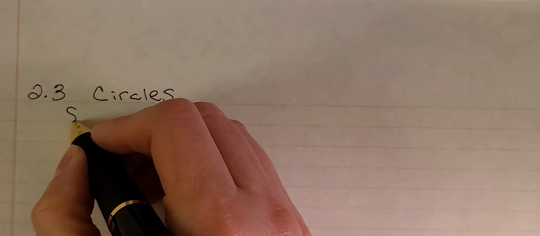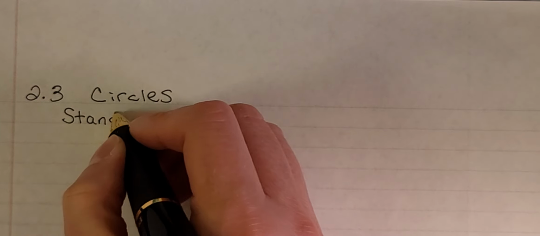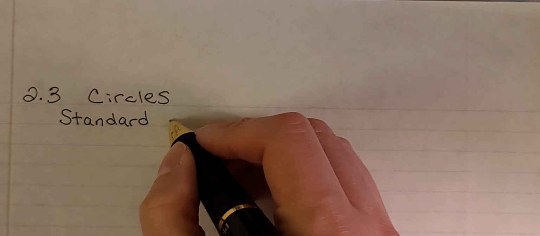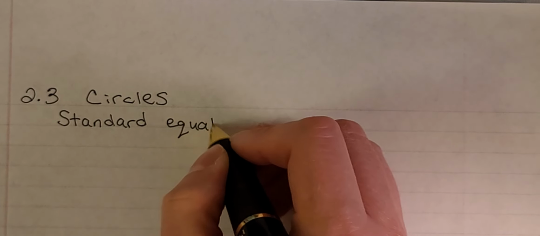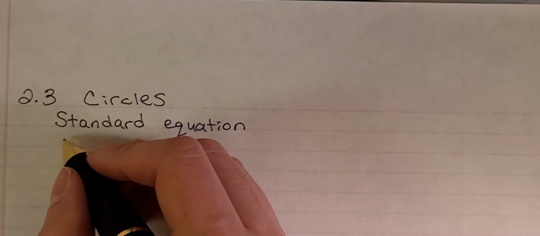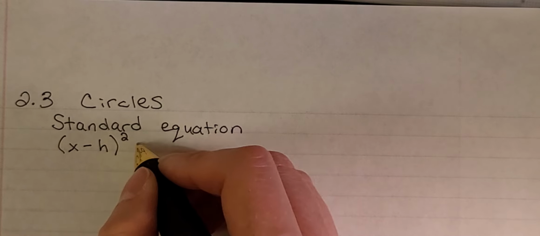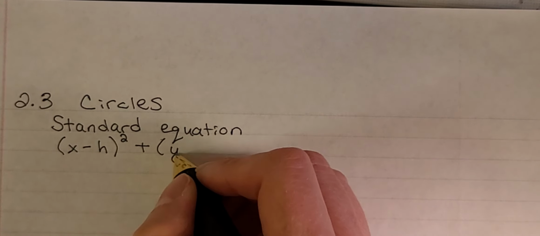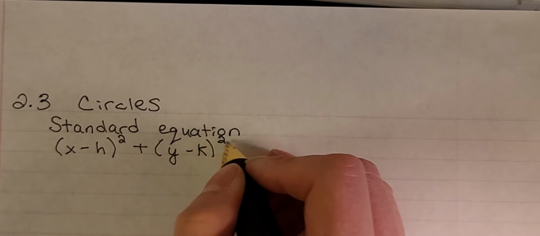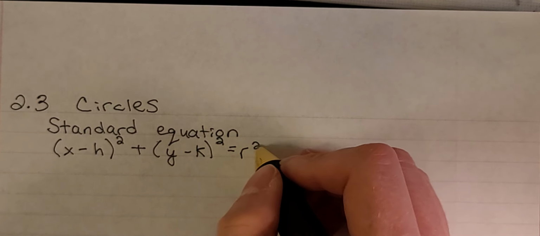So there is a standard equation for a circle. That is x minus h squared plus y minus k squared equals r squared.